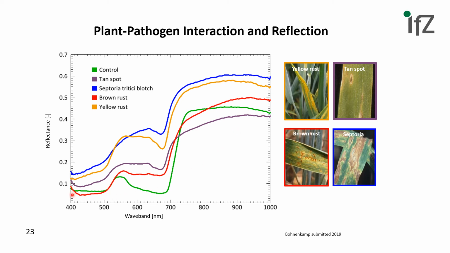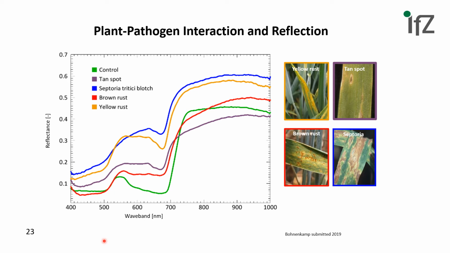In red, brown rust, where we have a slight decrease in the reflectance in the visible range, an increase of reflectance in the visible range, and a steep change in the reflectance in the near infrared. And what is very positive is that the other diseases like tan spot, yellow rust, or septoria also have a very individual spectral reflectance curve and can be separated from each other based on their spectral reflectance pattern.